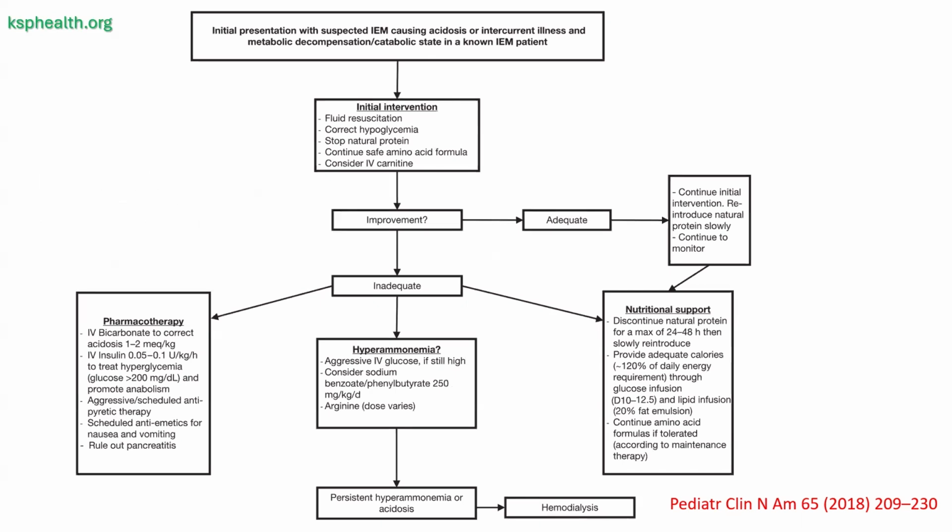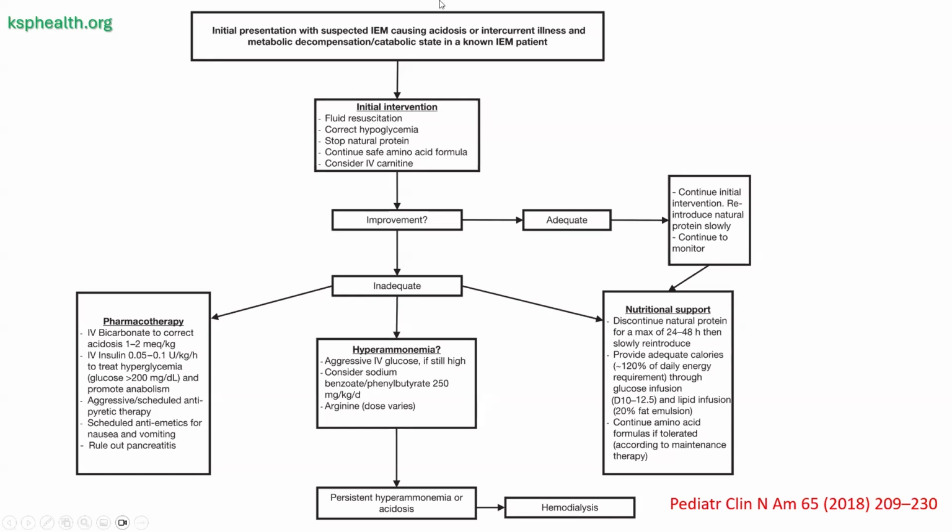So how do you treat? When the patient presents with suspected inborn errors of metabolism causing acidosis, with an intercurrent illness, sometimes it may not manifest just like that. A respiratory or other illness will make it visible or make it happen at that point.